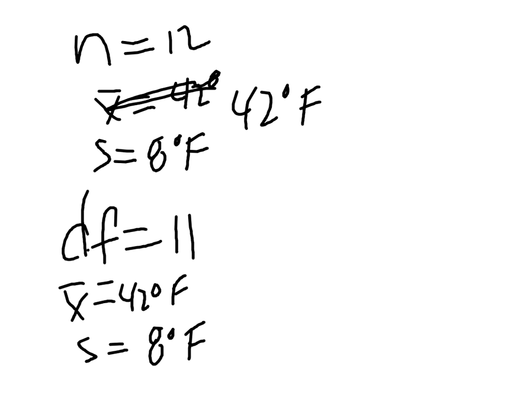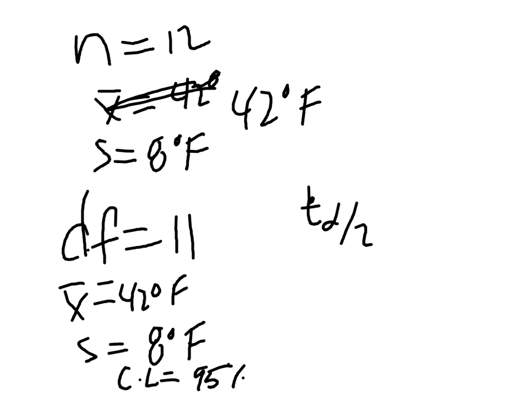So we're ready to solve this. The only thing that's missing is our T alpha over 2 value. And so we would go to where, and our confidence level, of course, is 95. I want to be 95% confident in our interval.